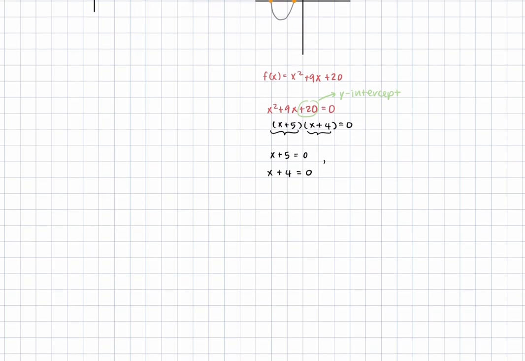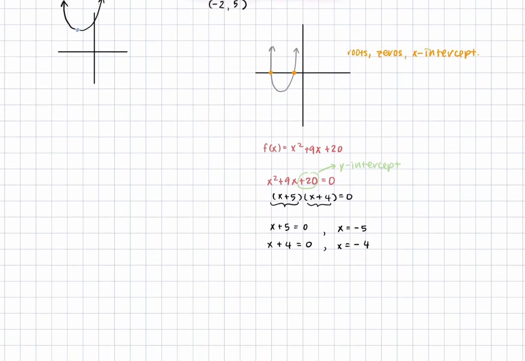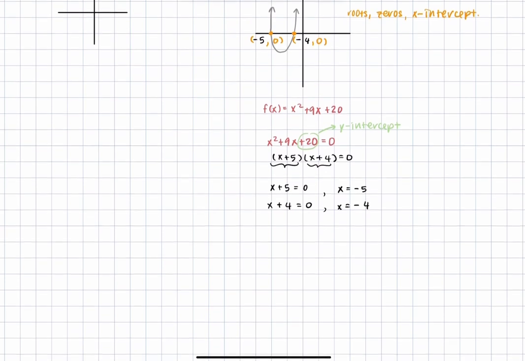In this case, x would equal -5, and here x equals -4. So our solutions for this function would be -5 and -4. And if you want this in point form, you would just add your parentheses, -5 comma 0, and -4 comma 0. There we go.